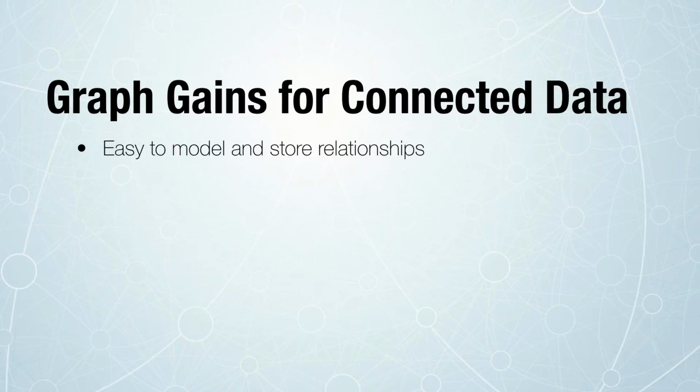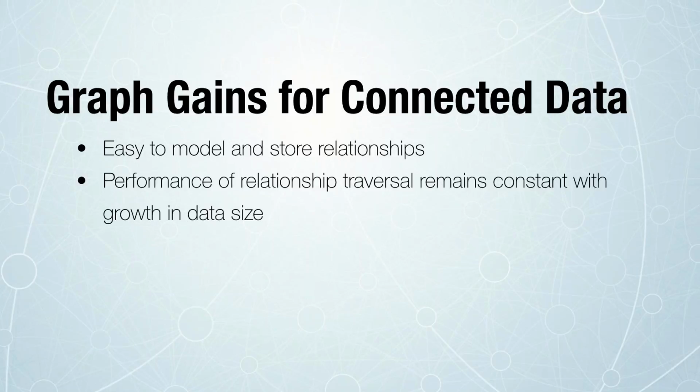So for connected data and working with graphs, it's much easier to model and store relationships, as you'll see. In particular, the performance of relationship traversal remains constant with the growth in data size. So Neo4j does use indexes to find the start points in the graph.